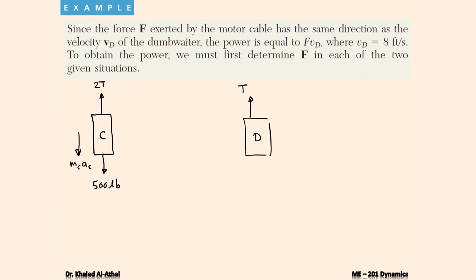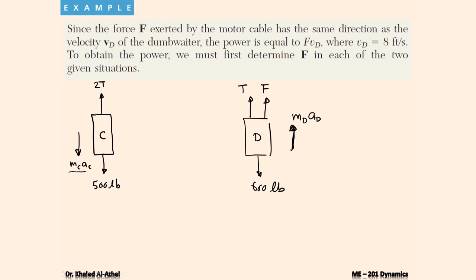And I also have the weight, which is 600 pounds. I also have the acceleration, which was given to me in part B, so I'm going to use it eventually, which is m_D a_D. And I used C here downward because if D is moving upward, then C obviously will move downward. Okay, so now I have my free body diagram that I'm going to use for both.